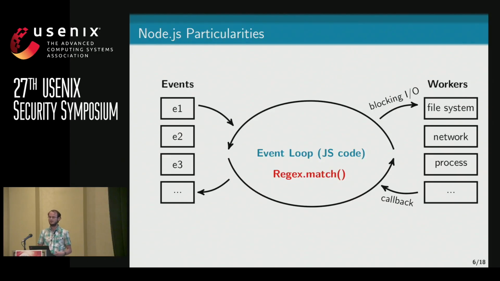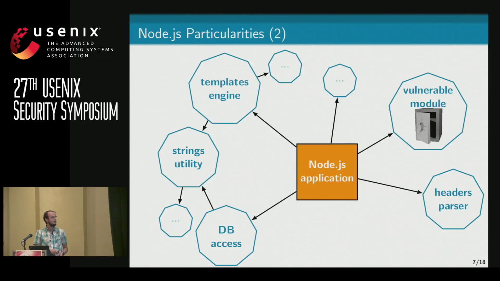This includes the regular expression matching. So if we can build a payload, a regular expression payload, this would block not only the current thread that serves the current client, but rather the whole instance of Node.js. Moreover, the third-party libraries that are so common in Node.js are also a problem, because even though these libraries are in general available to be analyzed, it's not clear whether, if researchers find a vulnerability in one module, this vulnerability would affect the website that uses this module.